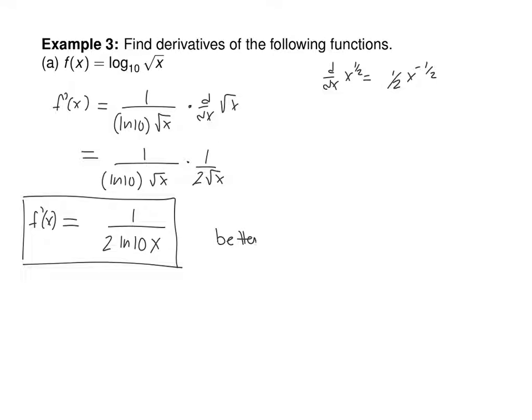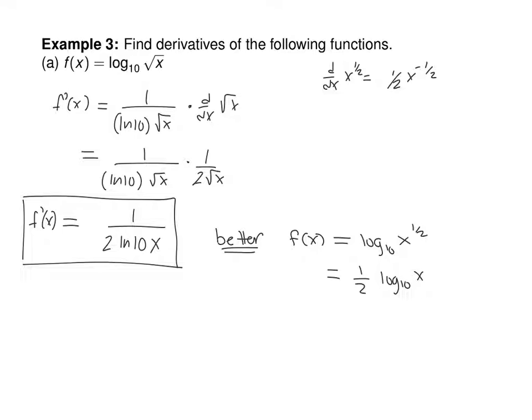Here is the better way. Notice that this is log of 10 x to the 1/2 power, right? What is the purpose of a logarithm in life? Take down exponents, to be annoying and take down exponents. It takes stuff down, it's annoying. So it's 1/2 times log 10 x. And notice that's still the original function, it's not the derivative yet.